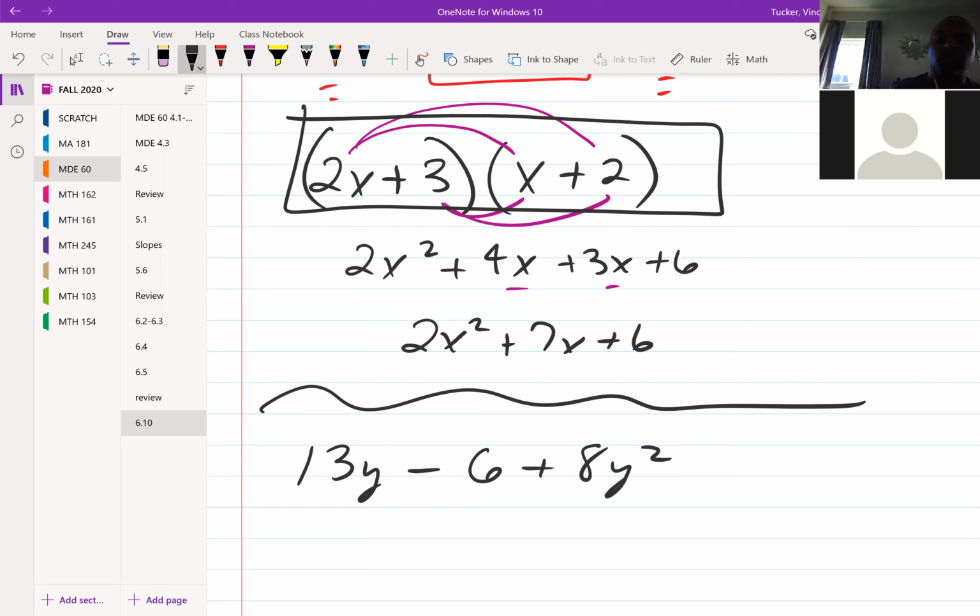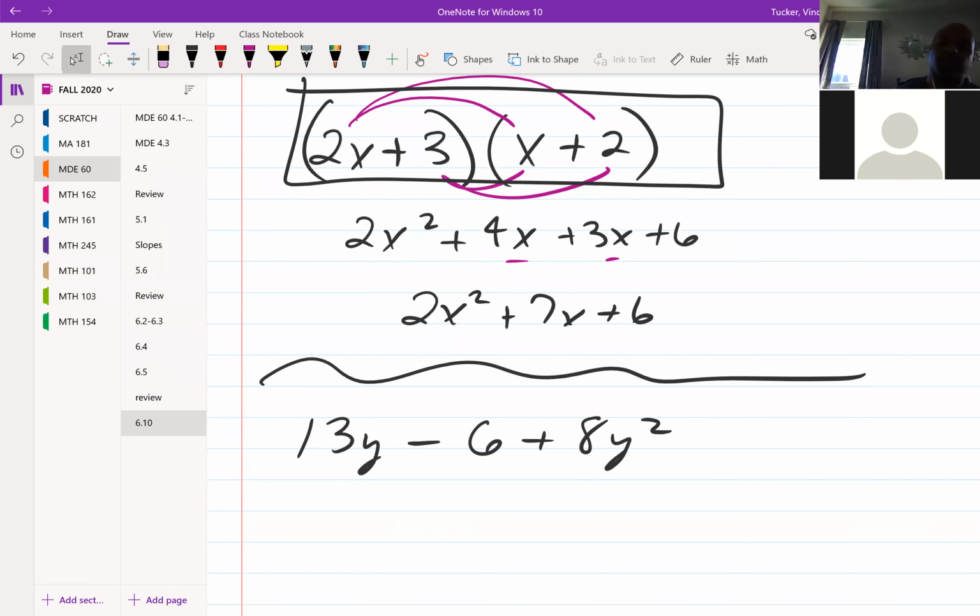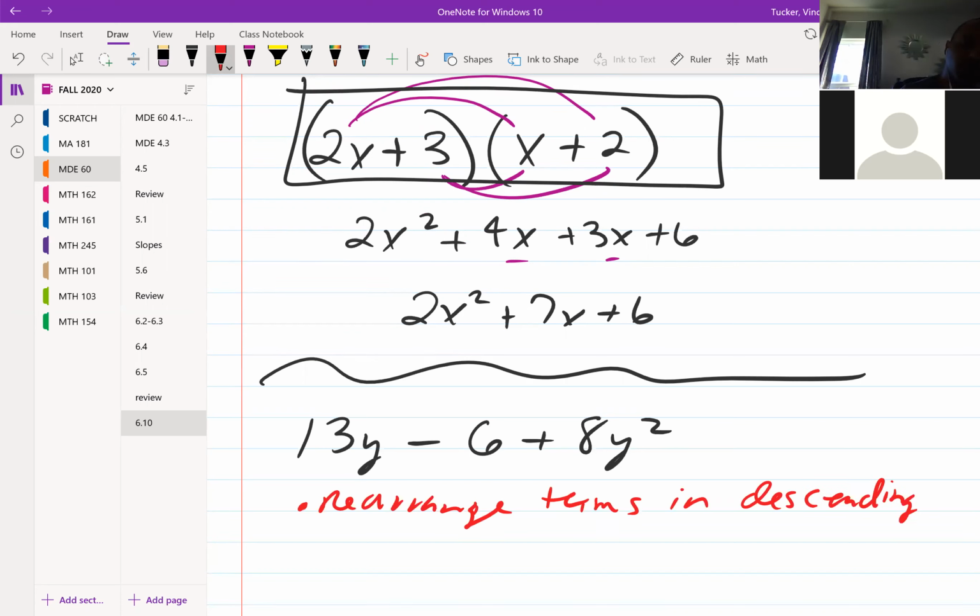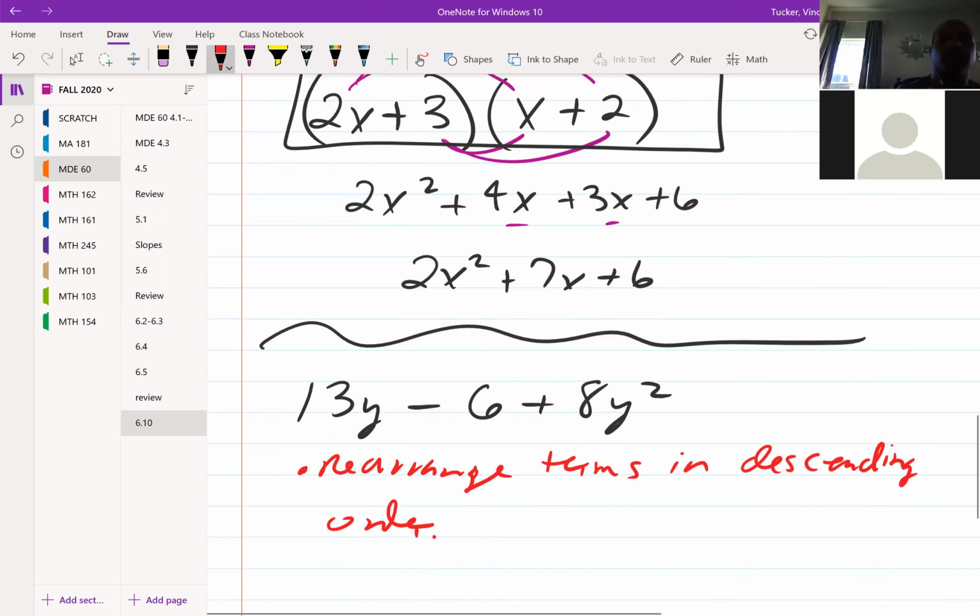All right, so let's look at 13y minus 6 plus 8y squared. I would suggest rearranging terms in descending order. All right.